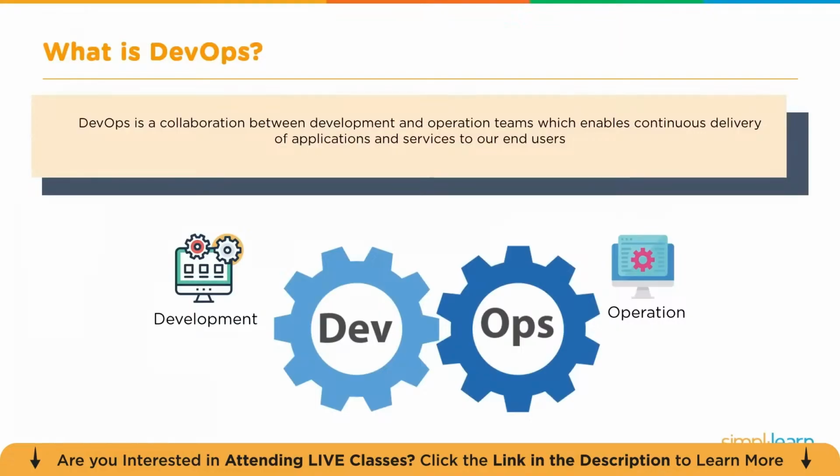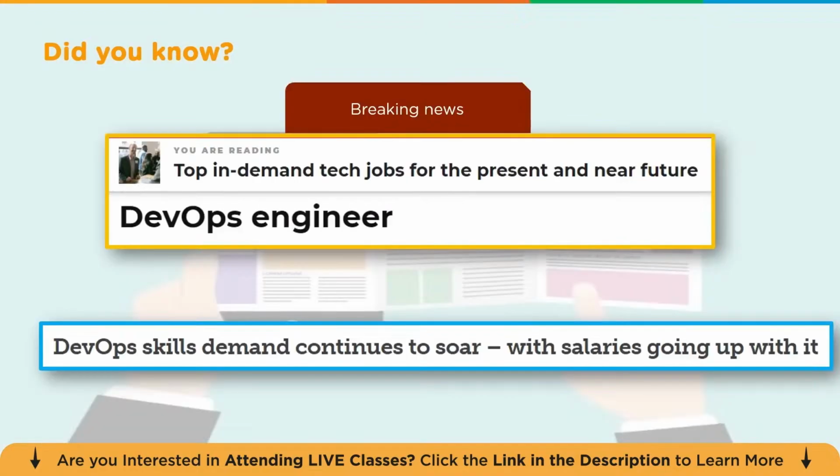Indeed, you're even seeing some groups which are now called DevSecOps, where they're integrating security as part of the delivery between the development team and the operations team. The bottom line is a DevOps engineer is highly in demand. The demand for a DevOps engineer is literally going through the roof, with salaries going up exponentially.